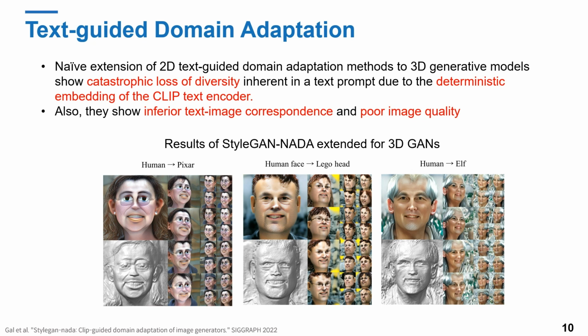For example, Pixar has various styles, such as Toy Story and The Incredibles. However, as you can see in the results, they all tend to have the same style, as if they were a part of one family. Also, these approaches show inferior text-image correspondence and poor image quality.